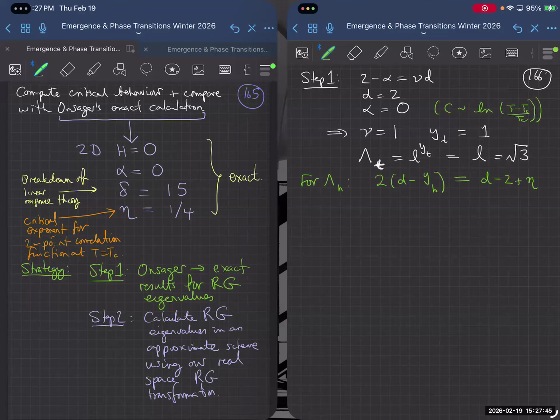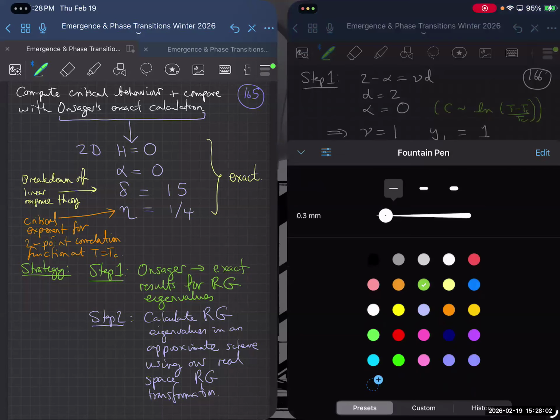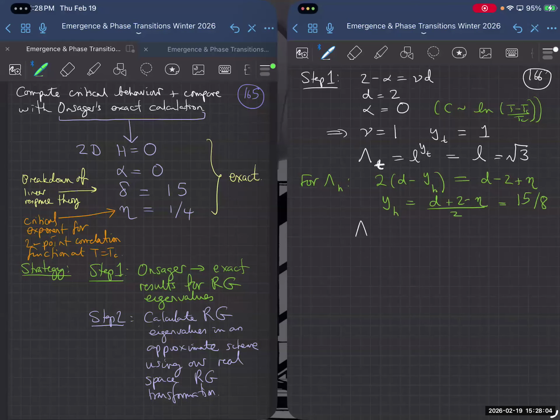And so that means that yh is equal to d plus 2 minus eta divided by 2. And then if I plug in the numbers, I get 15 over 8. And so lambda h is L to the power y sub h, which means it's square root of 3, all raised to the power 15 over 8. And that, if you do it, is something like 2.80.